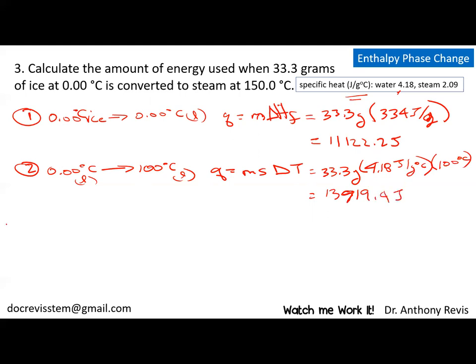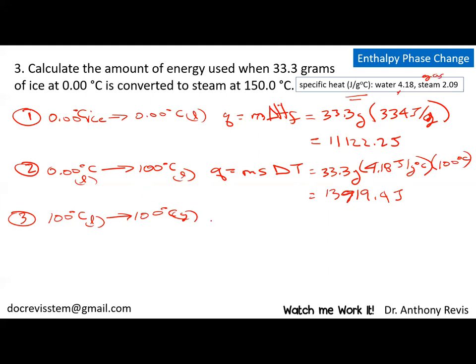And so again, we'll deal with the sig figs in the end, okay? And now we have to take this, right? And we need to take it from 100 degrees C liquid to 100 degrees gas or steam. Okay, and that's steam right here. So steam is gas.